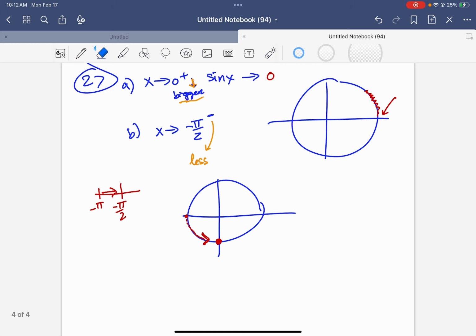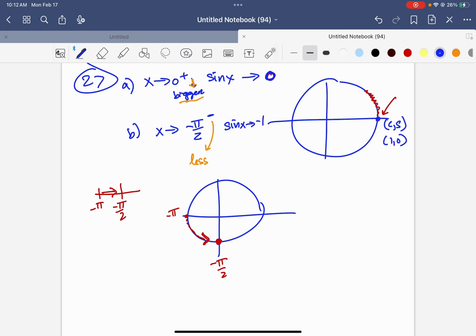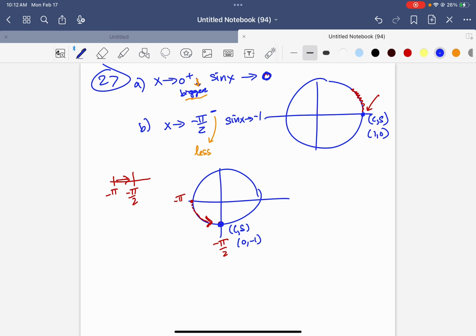It seems like your sine of x in this case wants to go to negative 1. That's what your y-coordinate wants to go to. Again, this cosine-sine pair was 1, 0. That's why I got 0 here. And this cosine-sine pair right here was 0, negative 1, and that's why we got our answer for that one.